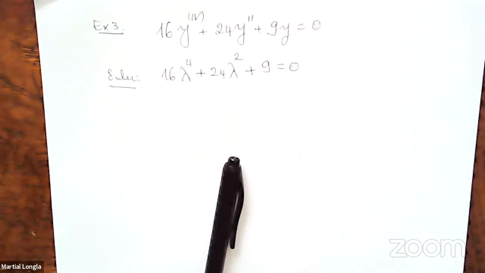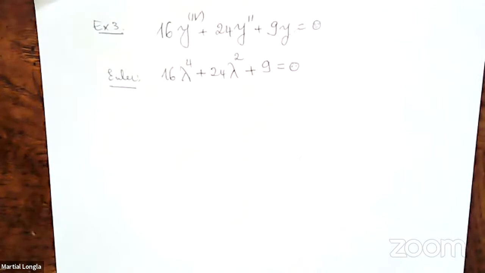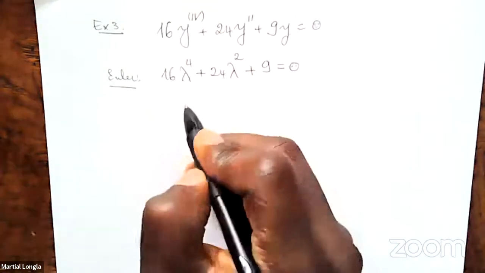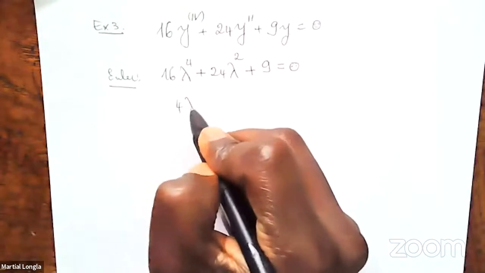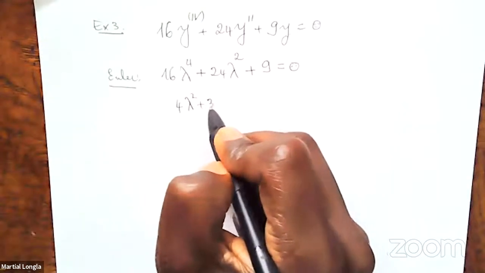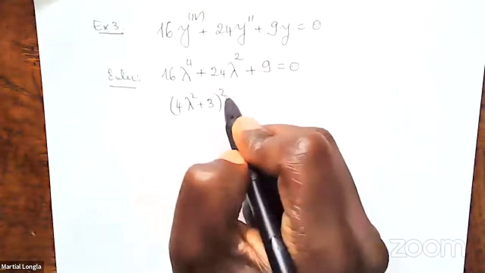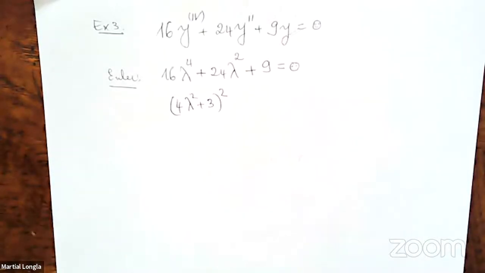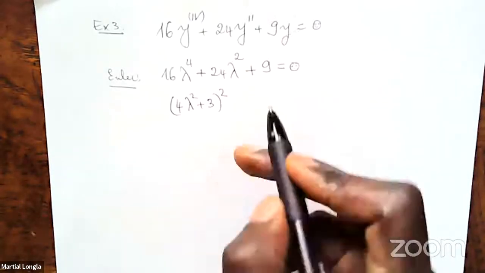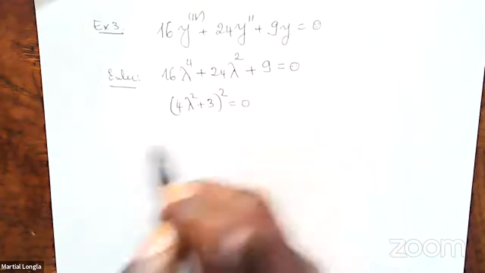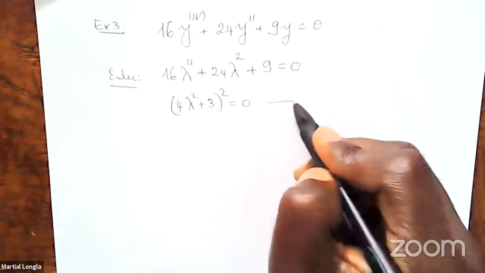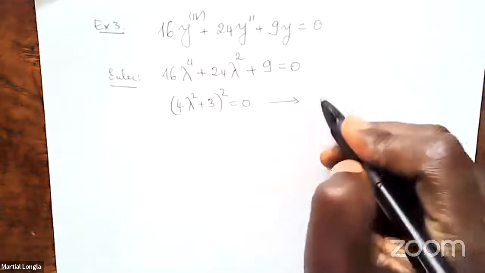I think I know what it is. Yep, I'm listening. All right, so you can factor that quadratic into 4 lambda squared plus 3 times 4 lambda squared plus 3. That's fantastic. You would then solve for lambda as plus or minus i square root of 3 over 2.